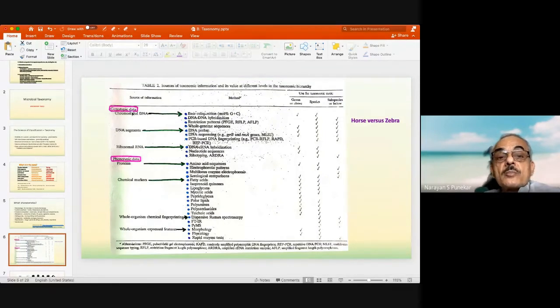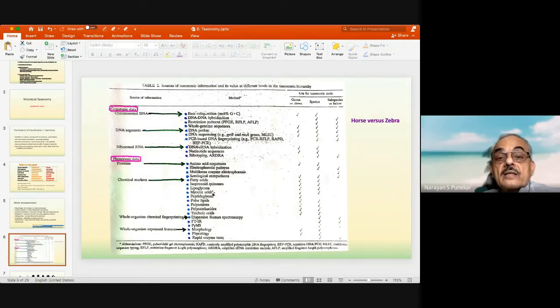So this is genotypic data. Then you also have a lot of phenotypic data, which I discussed a little bit in the last slide. So you have proteins like amino acid sequence, electrophoretic pattern, enzyme zymogram patterns, multi-locus enzyme electrophoresis, serological comparison, where antibodies against these can be detected. Chemical markers like fatty acids, mycolic acids.